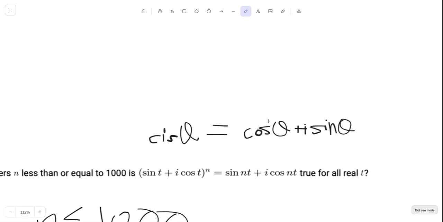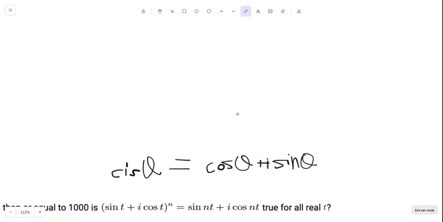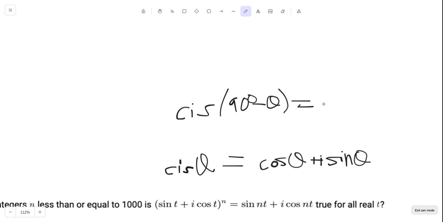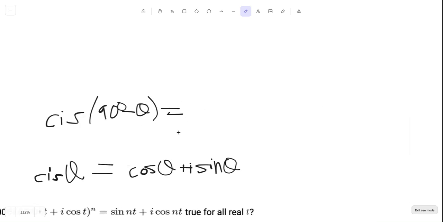So first of all, we can use co-angle identities. You have to notice that cis of 90 degrees minus theta equals, using co-angle identities, sine of theta plus i cosine of theta.